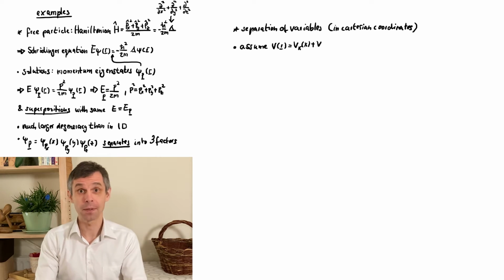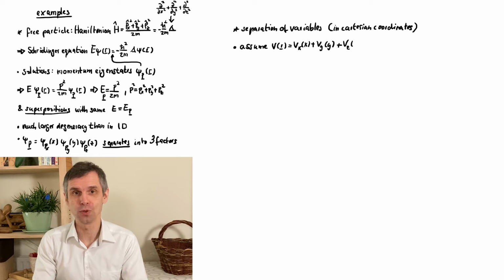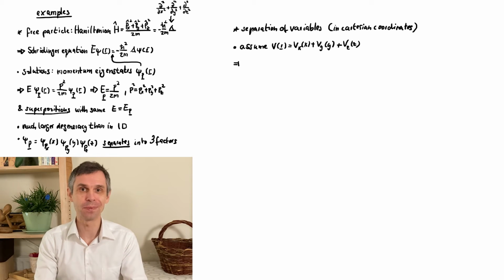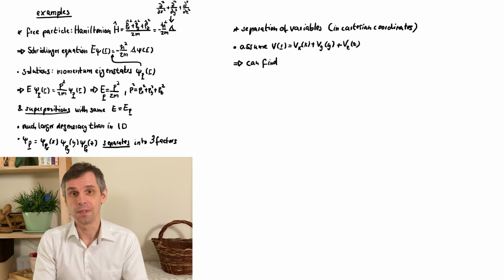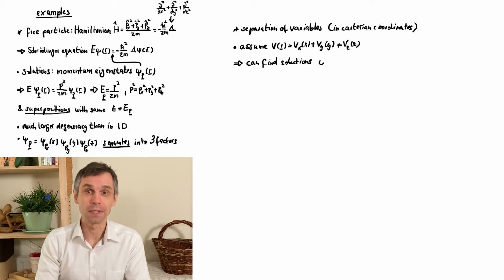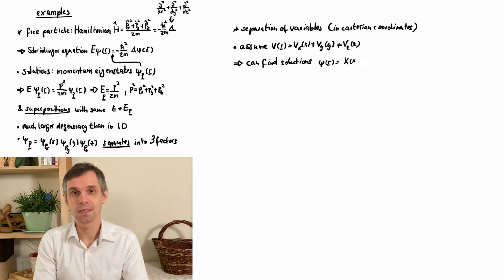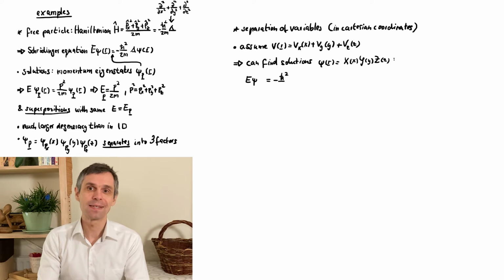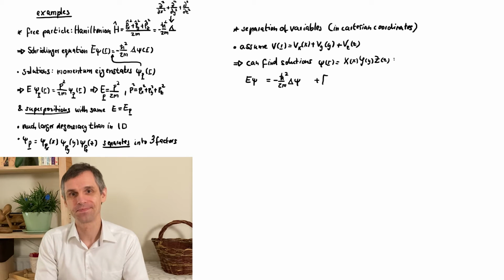Then we can use the method of separation of variables to reduce the system into three one-dimensional ones. For this, we write the wave function in terms of three corresponding factors, just as we had for the plane wave. And then we insert this into the Schrödinger equation.